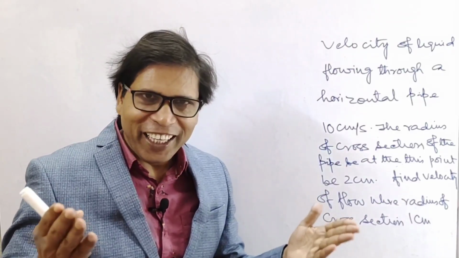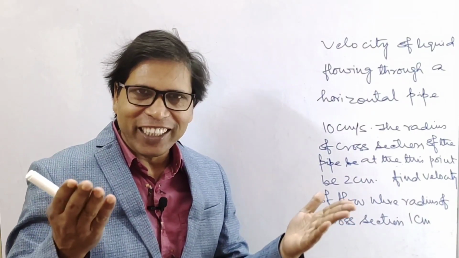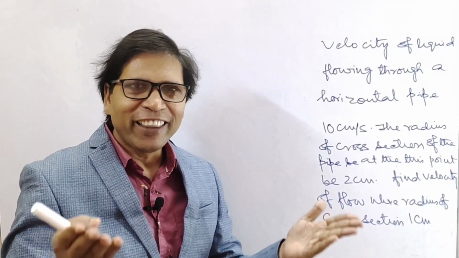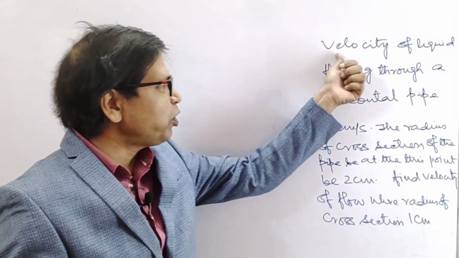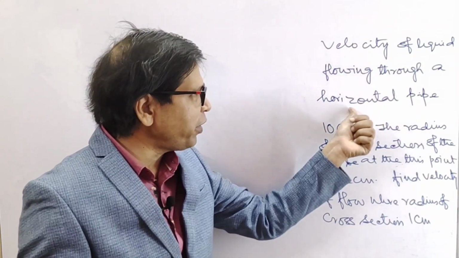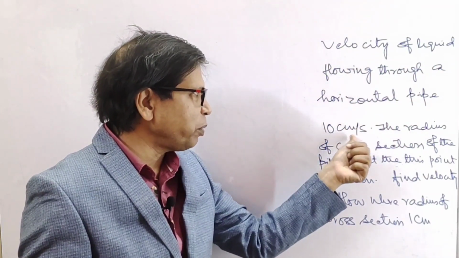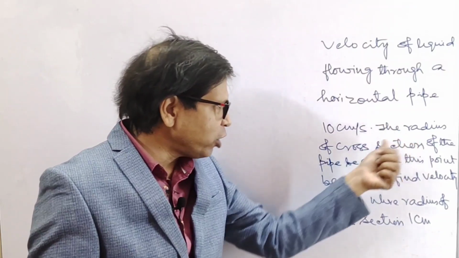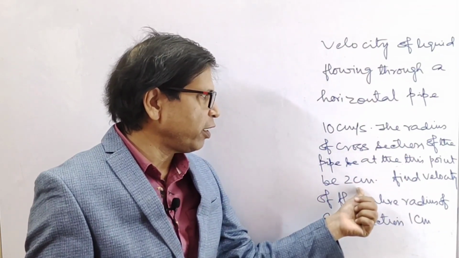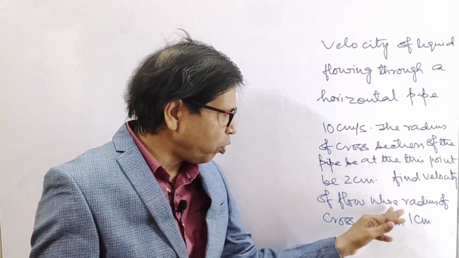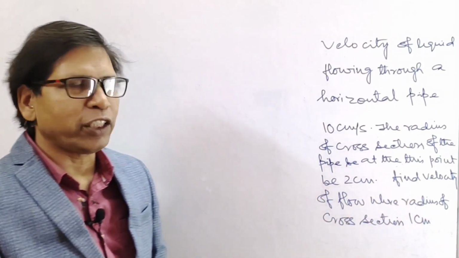Now a numerical relating to the equation of continuity, that is v1 A1 equals v2 A2. The velocity of liquid flowing through a horizontal pipe is 10 cm per second. The radius of cross section of the pipe at this point is 2 cm. Find the velocity of flow where the radius of cross section is 1 cm.